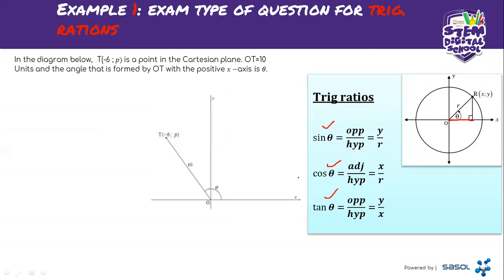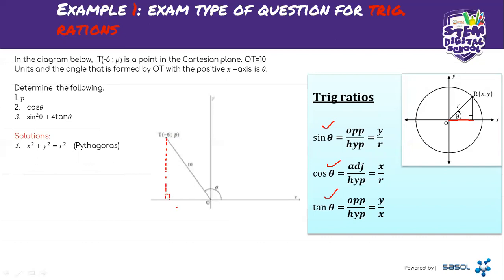All right, now let's try to answer this question. First, we should determine the value of p, and you can see the value of p in this case is the value of y. Now we need to determine the y value. How are we going to do that? First, we're going to use Pythagoras, because if you just extend a line perpendicular to the x-axis there, then of course we are going to use the theorem of Pythagoras to calculate the unknown side.